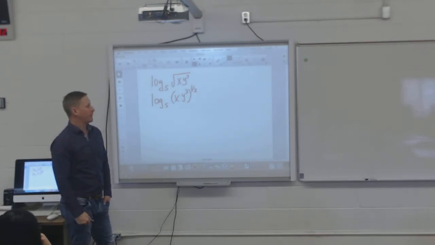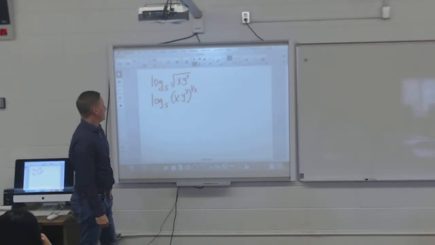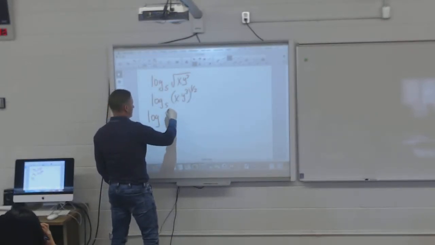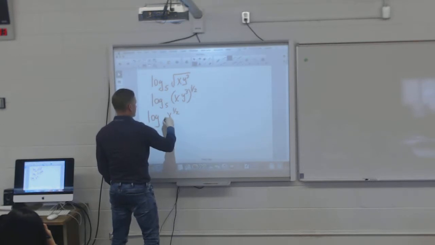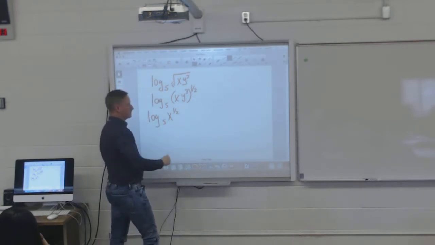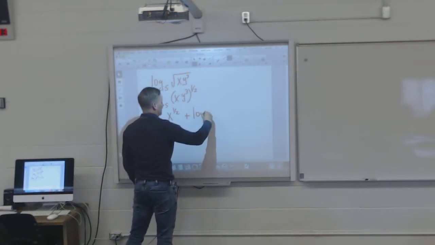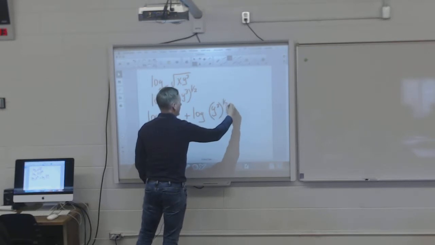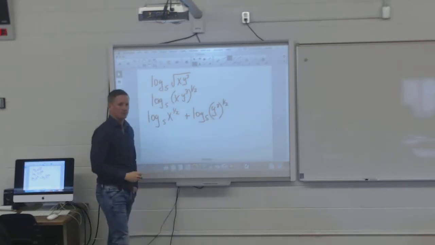If you want to do it that way, that's fine. So now what I would do is I'd get the log of x to the 1/2 to the base 5, add log of y cubed to the 1/2 to the base 5.